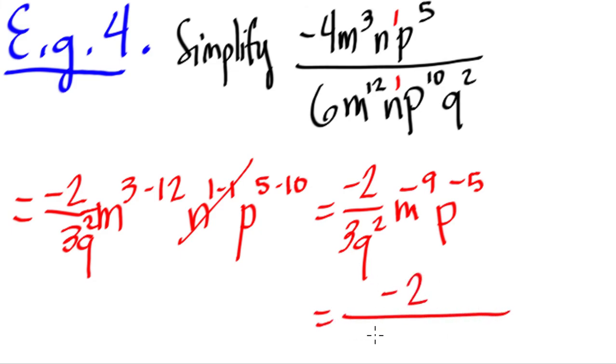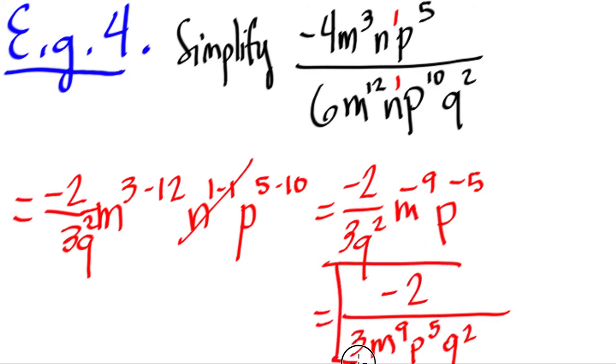So if we do that, it will be like this. Negative 2 all over 3. Let's put m first. m raised to 9, p raised to 5, and q raised to 2. And this will be our answer for number 4.